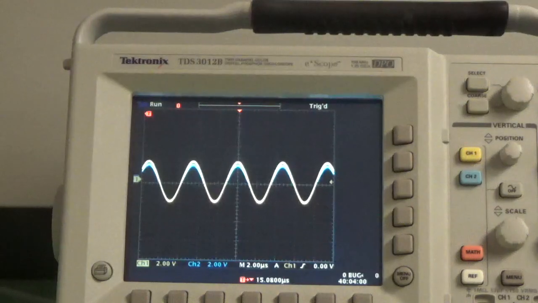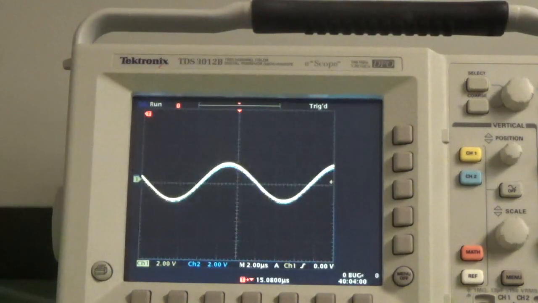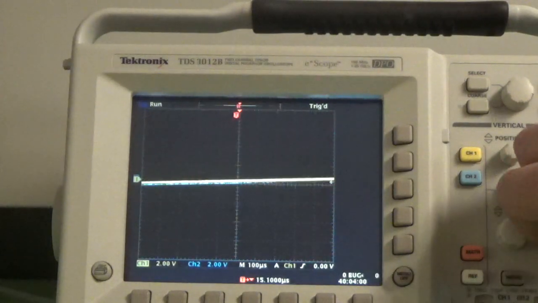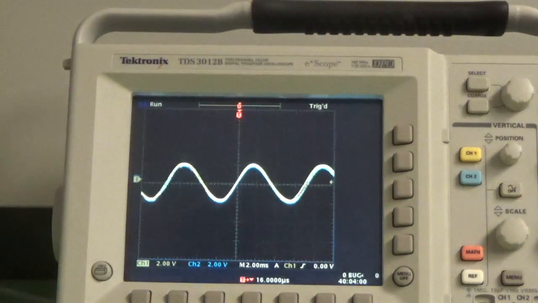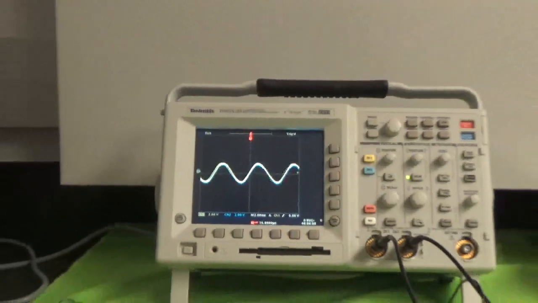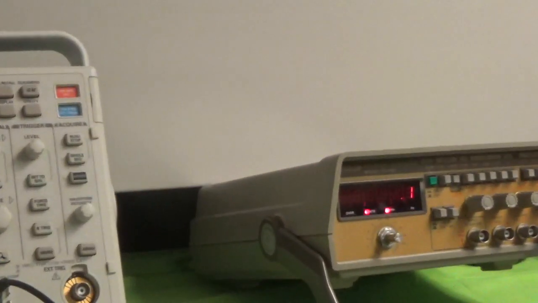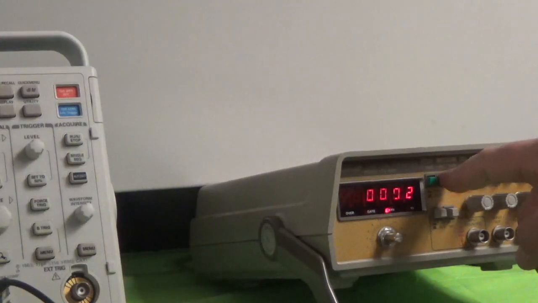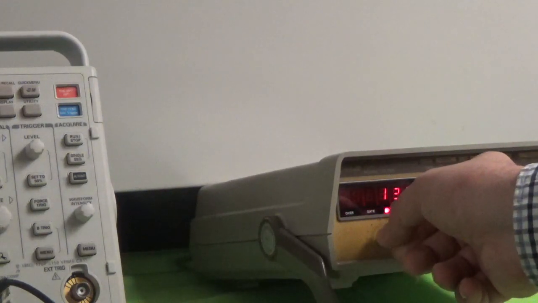Now I will jump to a different scale. So I will go to the 0 again, and then jump to a different scale from the function generator. I will show you what I'm doing here. I try to jump from this scale to the next scale right here.